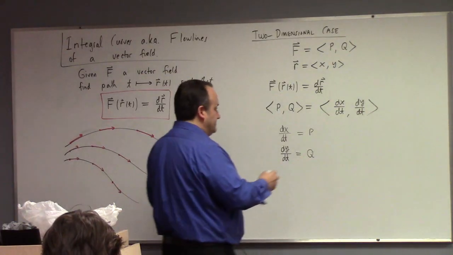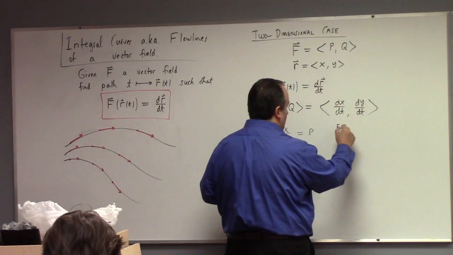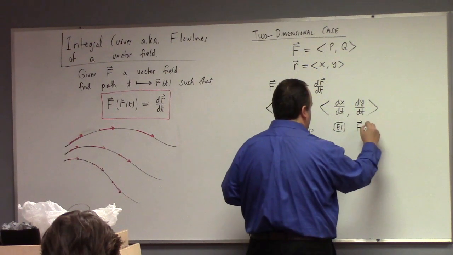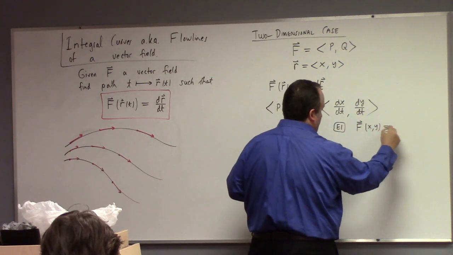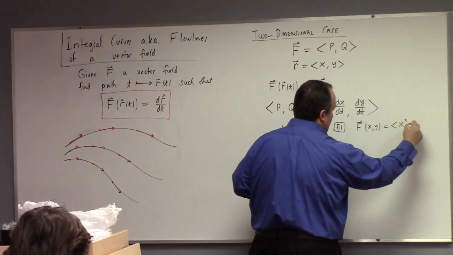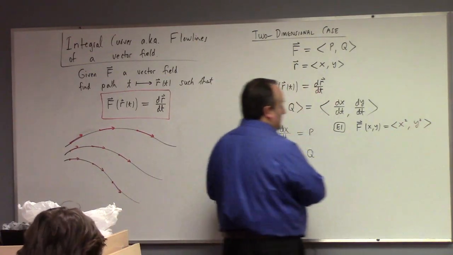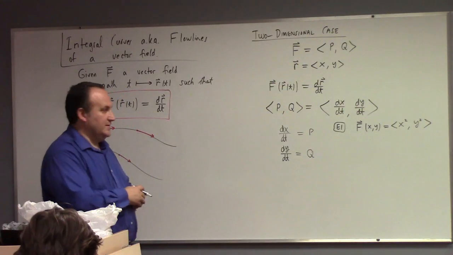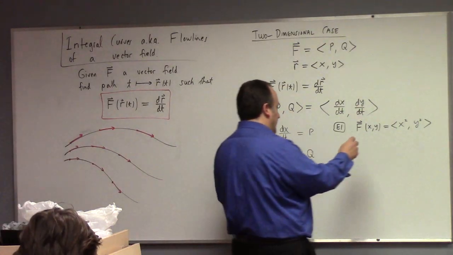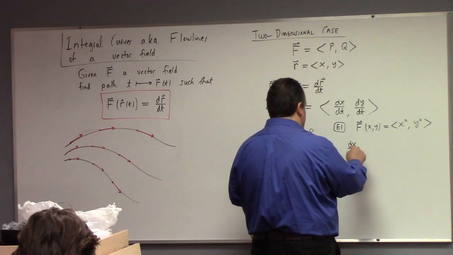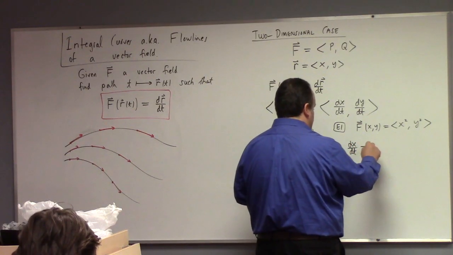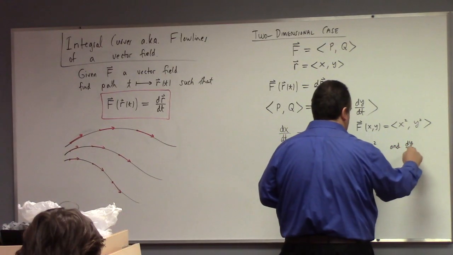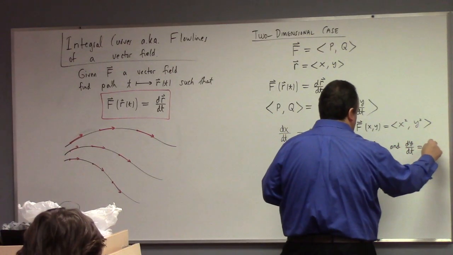So like example 1, we might have F of (x, y) equal to, say, (x squared, y squared). So if that's the vector field I'm up against, to find the integral curves, I have to solve dx/dt equals x squared and dy/dt equals y squared.